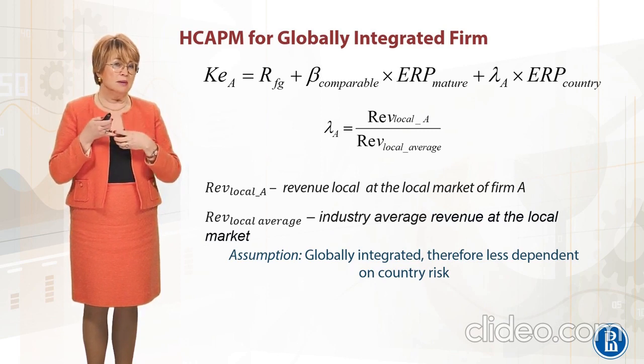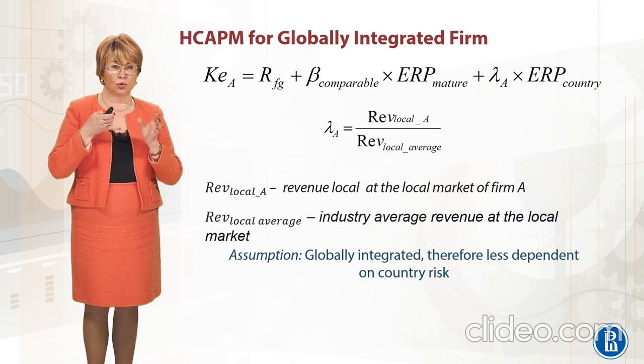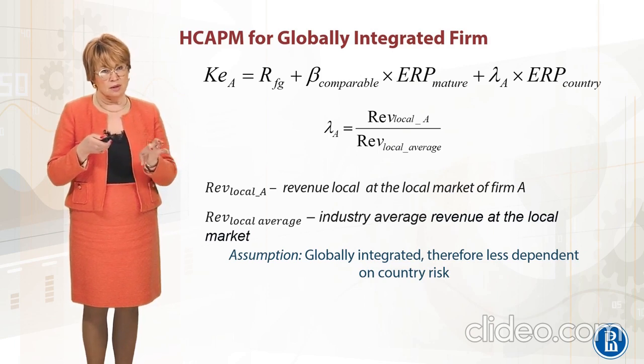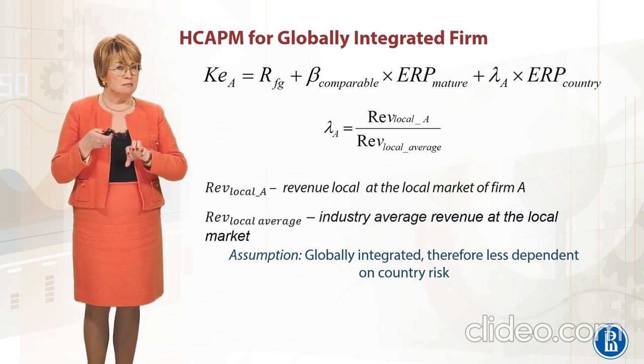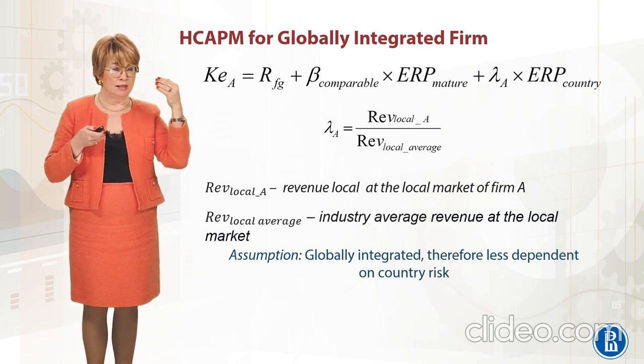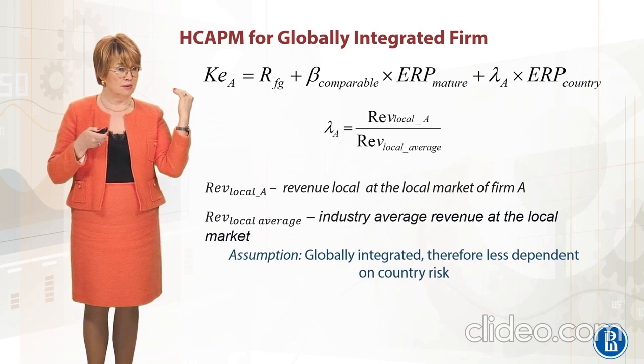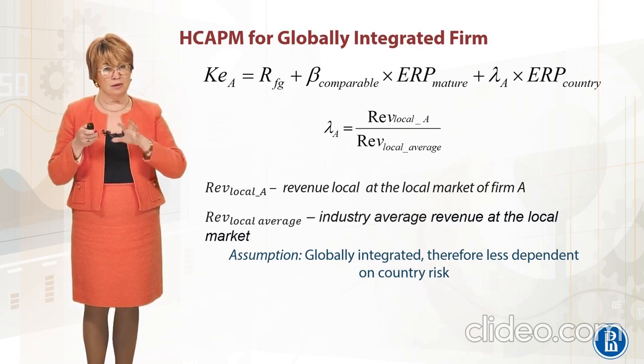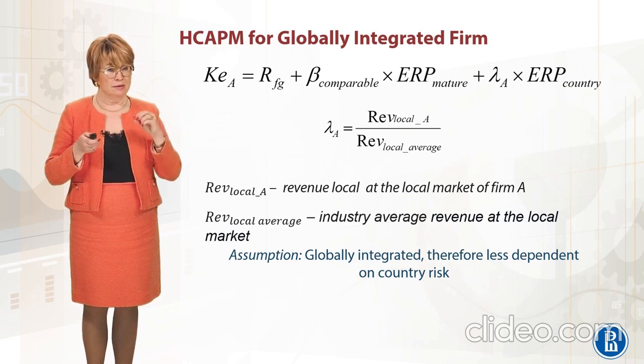And remember, we already said that it could be that in some emerging capital market, we may look at some company which is globally integrated, at least in the product market, not in the capital markets, but in the product markets.